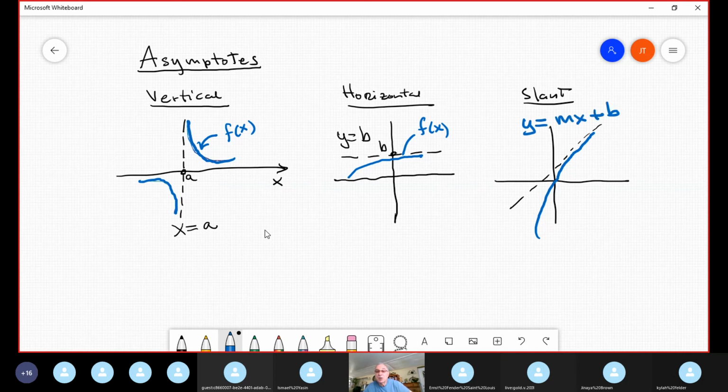Now we have slope, we have y-intercept. In this case, the slope is 0, and the y-intercept is b. And here the slope is undefined, because in the vertical line we have no slope.